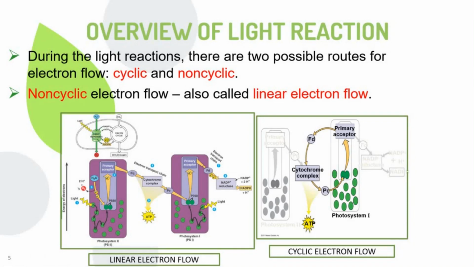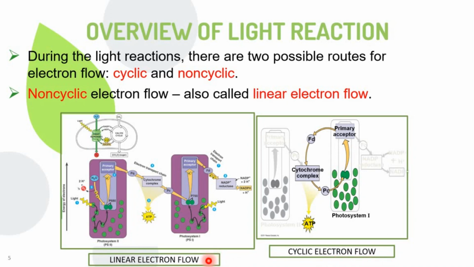Let me do a small recap before you learn about this week's lesson. In the previous lesson, you learned about the basic principles of photosynthesis and light reaction. Photosynthesis consists of two stages: light reaction and light independent reaction, or Calvin cycle. In light reaction, there are two electron flow routes: linear electron flow and cyclic electron flow.